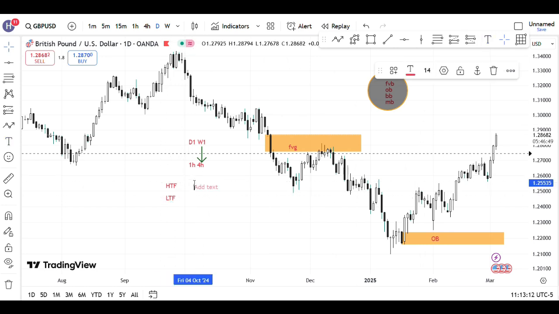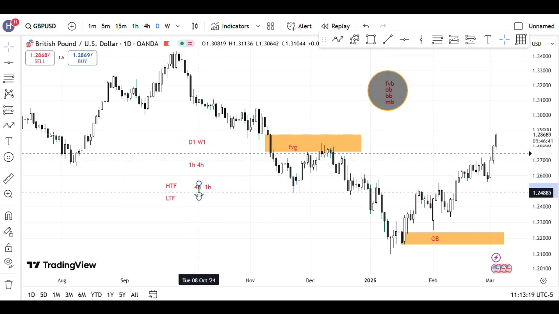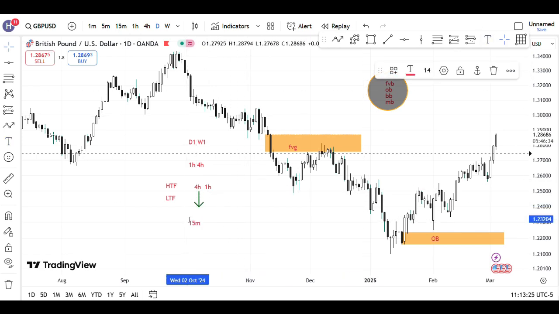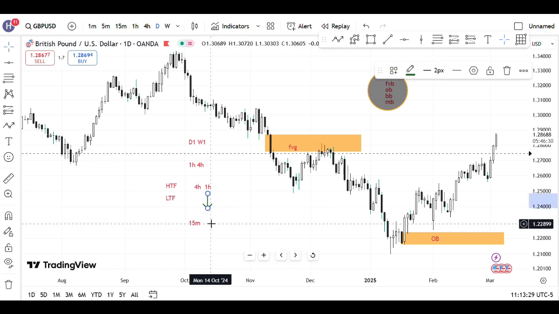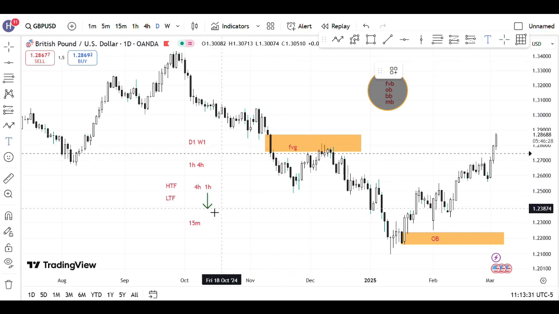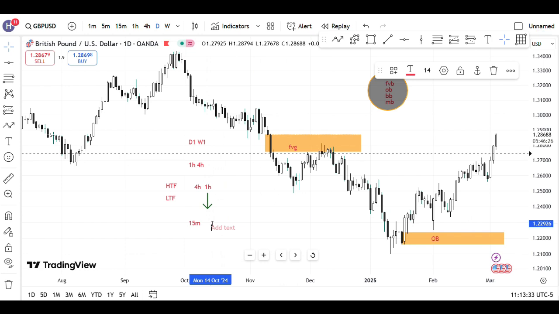Again, we can get high time frame and low time frame this way. If you analyze the chart on 4 hour, you can take the entry from the 15 minute chart, and for 1 hour you can use the 5 minute chart.